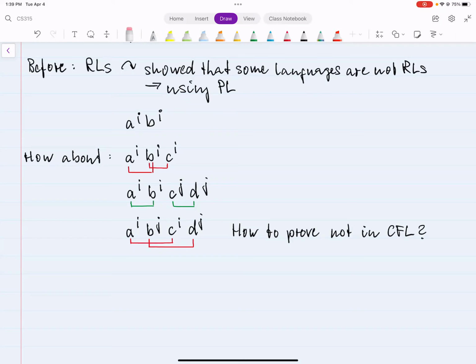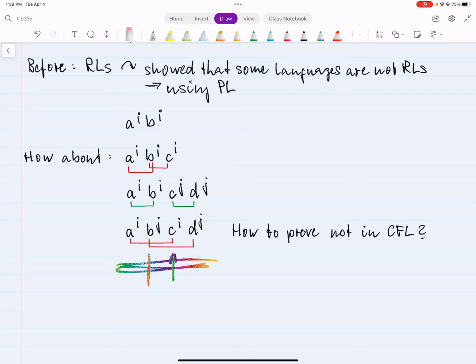Like in this situation down here, once you get to the c's, you could push over all of the marker symbols for the b's onto the second stack, and that way free the symbols that you put there before for the a's.